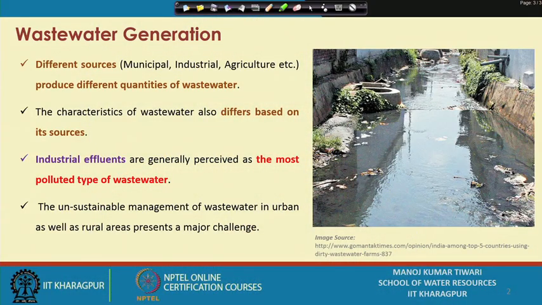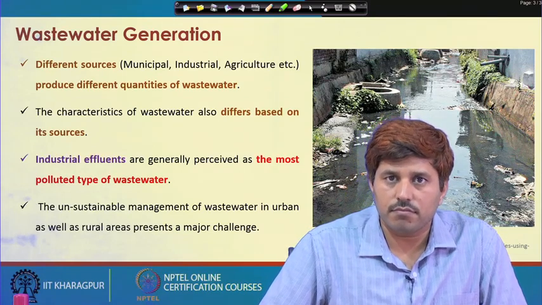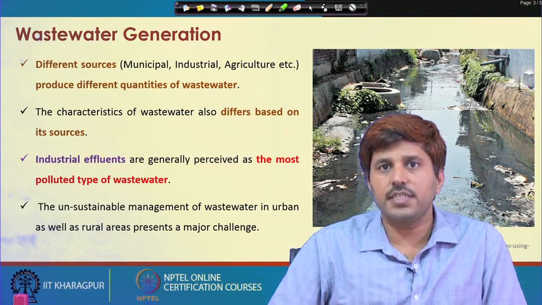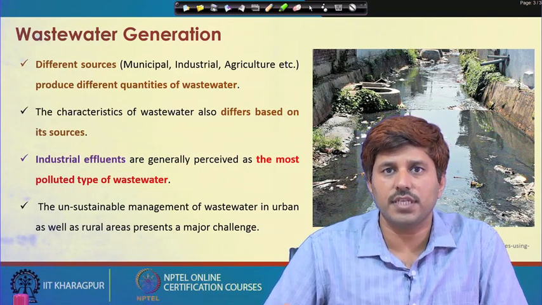By now we know from our previous week's discussion that there are different sources of wastewater. There are municipal sources, industrial sources, and agricultural water can also be termed wastewater. These different sources produce different quantities of wastewater. The wastewater originating from domestic consumption, what we typically refer to as sewage, from, let us say, a city or a town, would be very different in quantity from the industrial waste being generated.